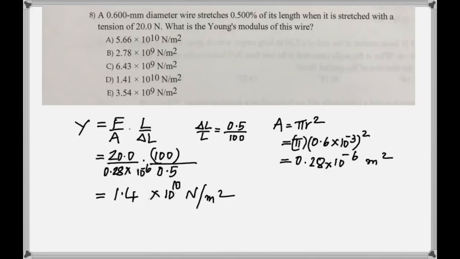First, find the area of cross section using pi r squared, and here I've actually used 0.3. I've used 0.3, but I wrote down 0.6. So you get that as 0.28 times 10 to the negative 6, and then plug it back into this. You get 1.4 times 10 to the 10 Newton per meter squared.